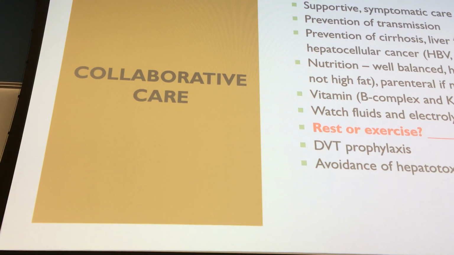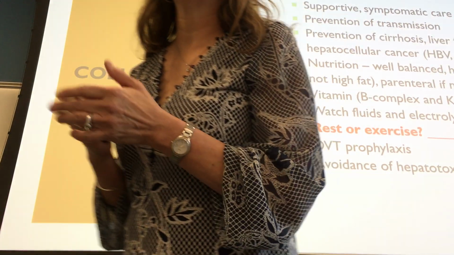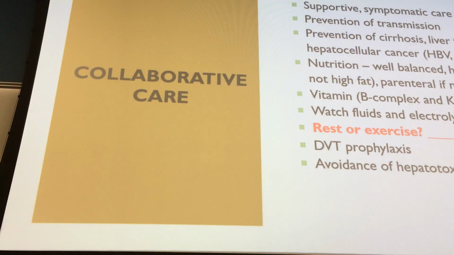We're going to make sure that they have the SCDs on, the sequential compression devices, at the hospital. But the DVT prophylaxis, what would that entail? Lovenox, right? So you're going to be doing Lovenox, you're going to be getting them up at the bedside. But you do not want to encourage a lot of exercise, okay, when they have hepatitis.